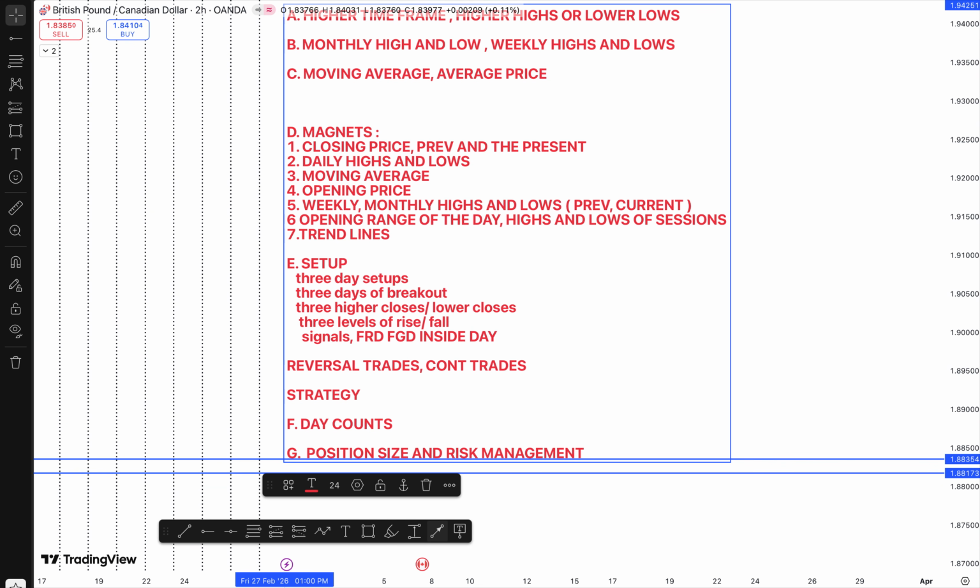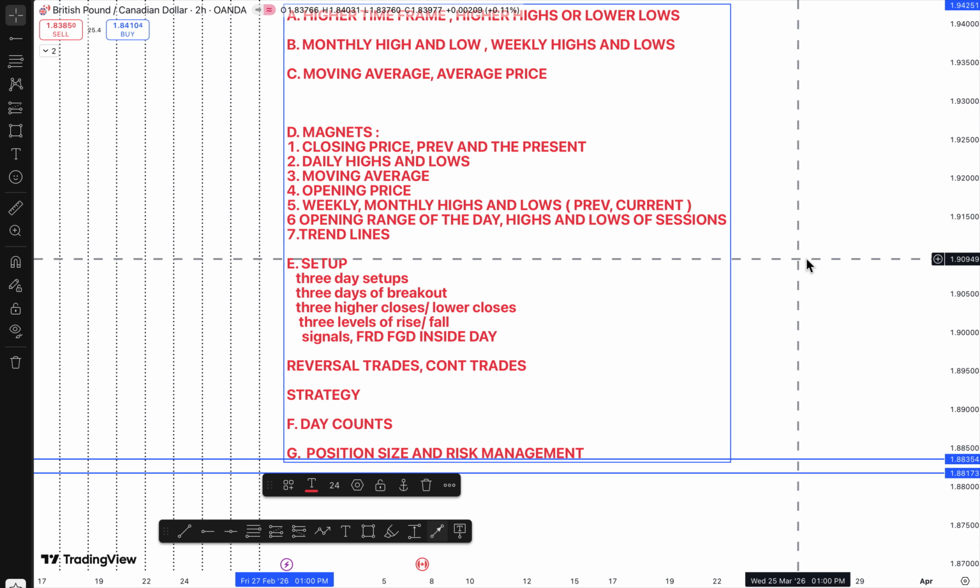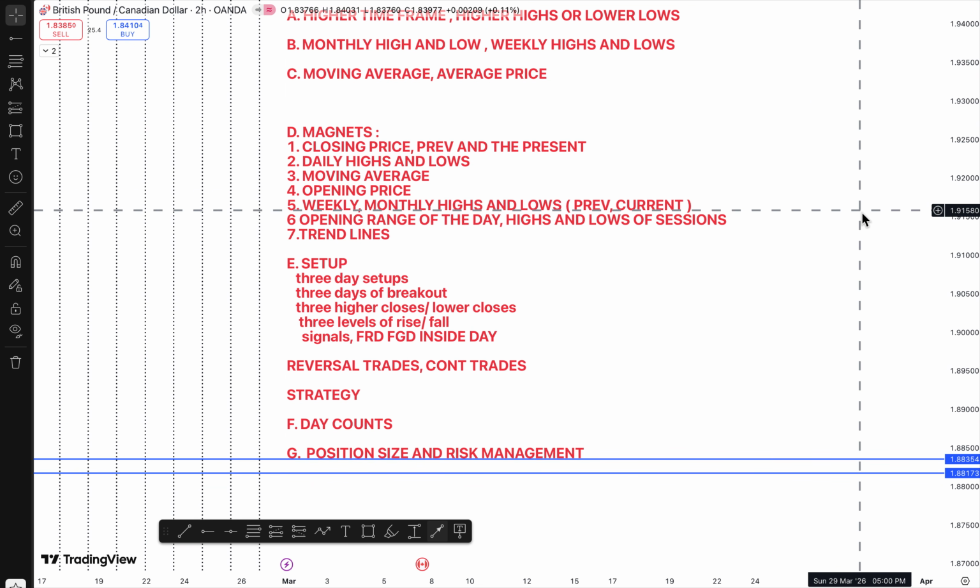Do not be greedy. Use startup positions, which is smaller lots, and then observe the market to see if you can add. If you get very good, you can start targeting strict setups and taking them with precision, with larger amounts. So position size and risk management is very important.